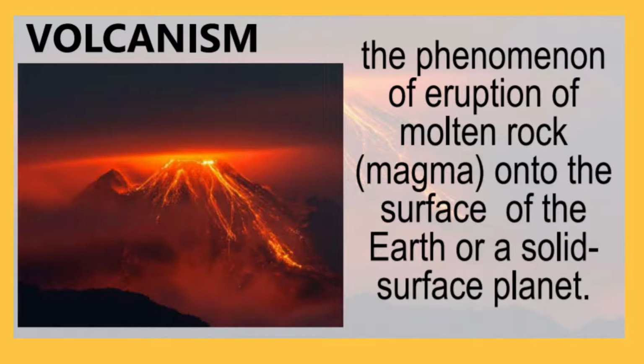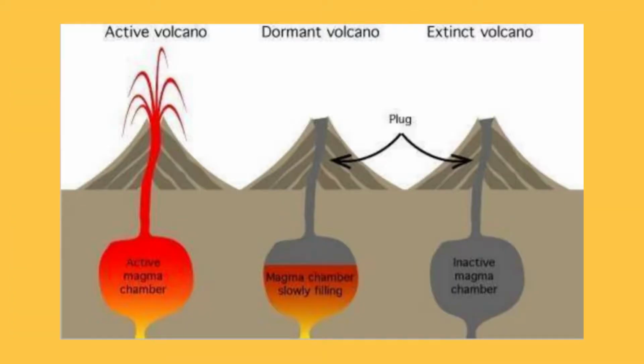Volcanism is the phenomenon of eruption of molten rock or magma onto the surface of the Earth or a solid surface planet. This time, there would be extrusive igneous rock being formed as the magma is transformed into lava, and the lava is cooled down, creating now our extrusive igneous rocks. So this is a very good example of the volcanoes having magma in it.